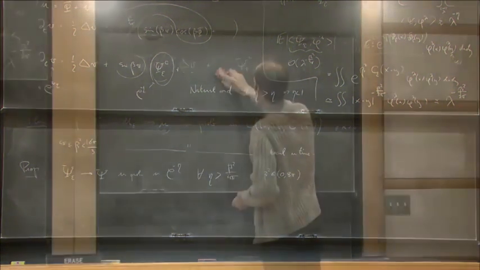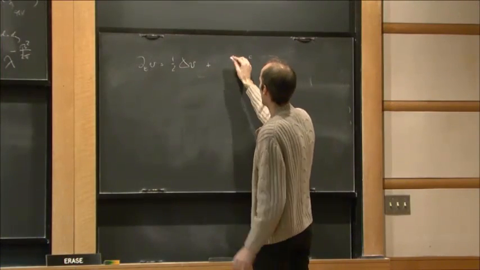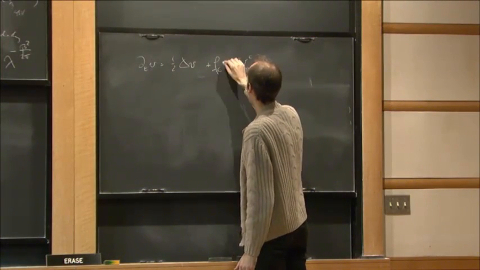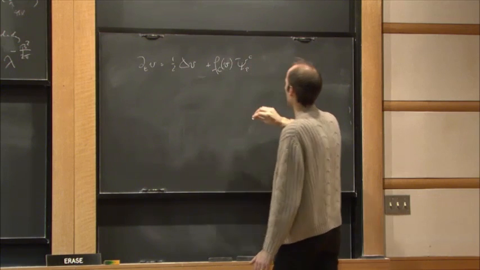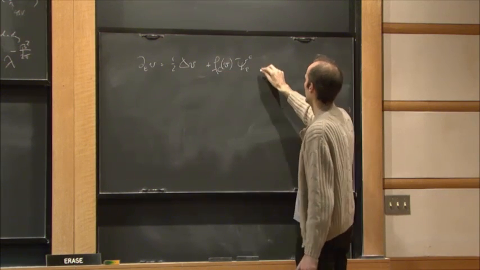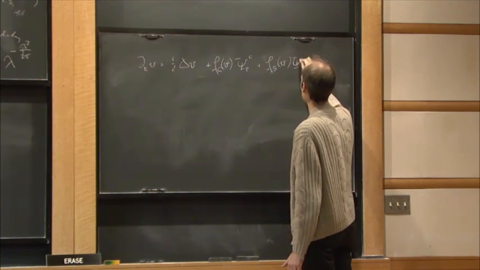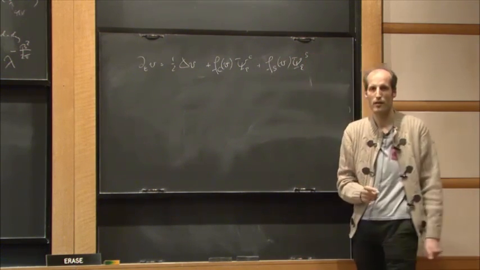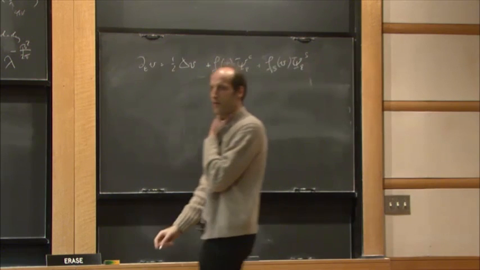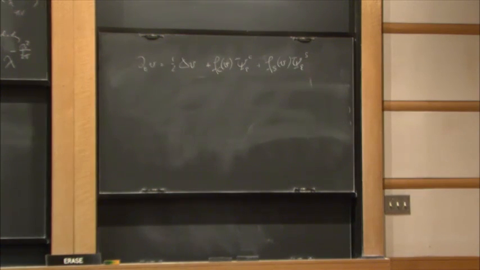On the other hand, the general theorem is that if you take an arbitrary nonlinear function, say f_c of v psi epsilon c and f_s of v psi epsilon s, and you correct for the divergences.